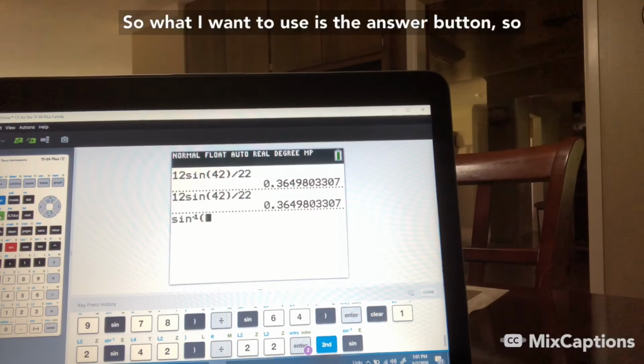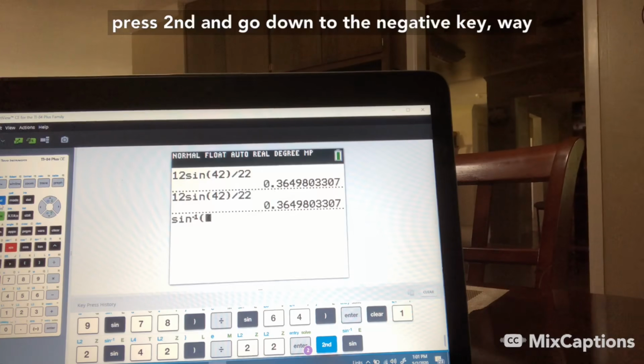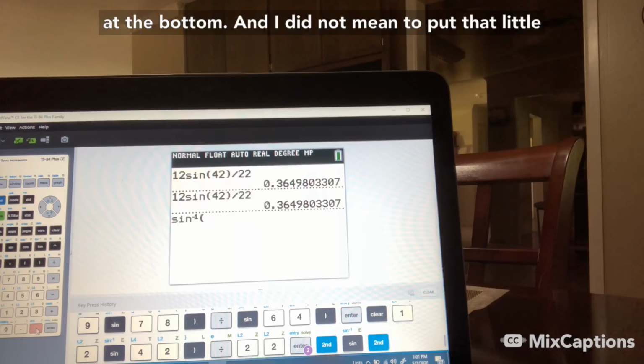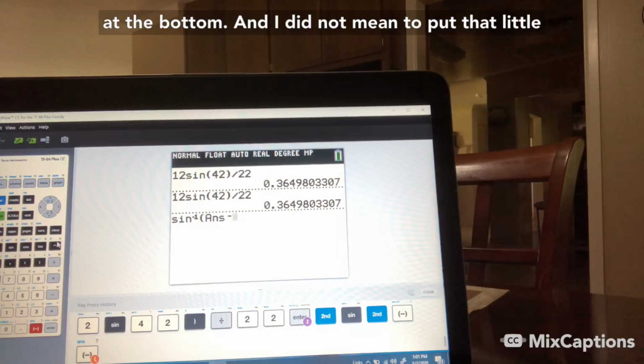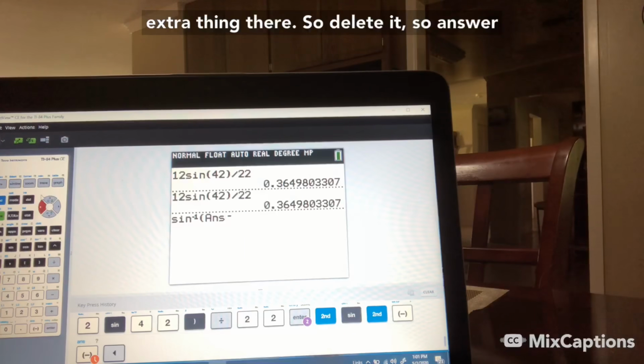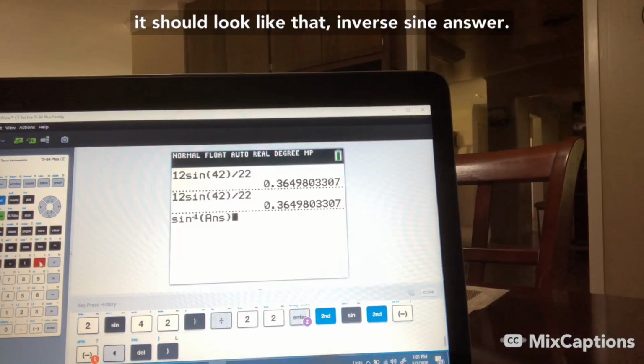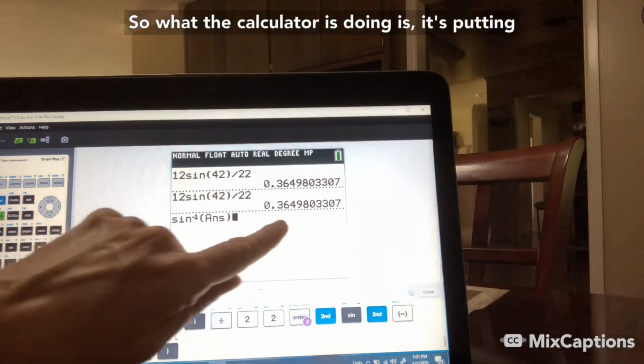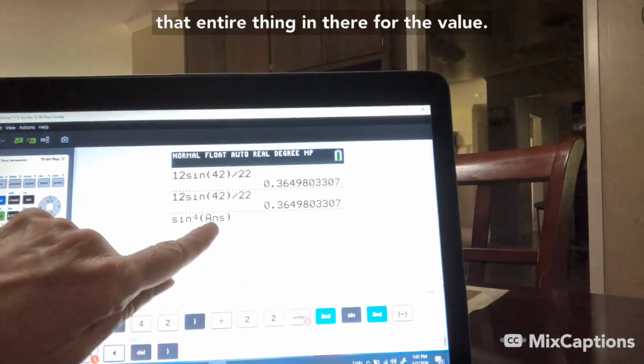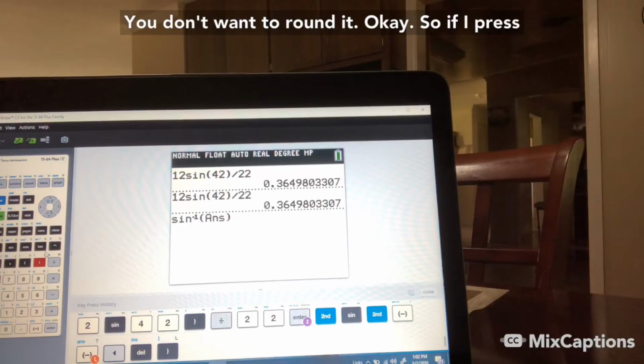So what I want to use is the answer button. So press second and go down to the negative key way at the bottom. And I did not mean to put that little extra thing there, so delete it. So answer. So it should look like that, inverse sine answer. So what the calculator is doing is it's putting that entire thing in there for the value. You don't want to round it.